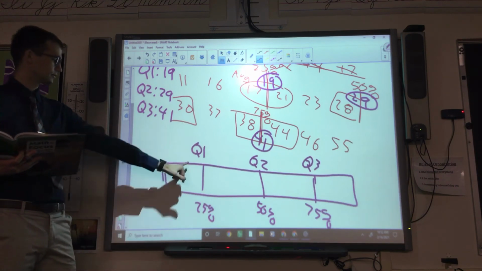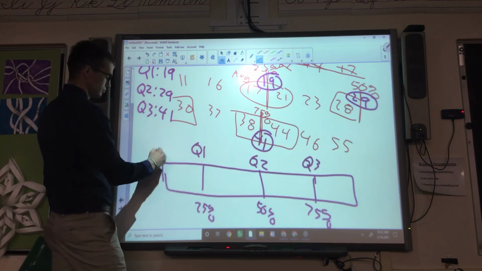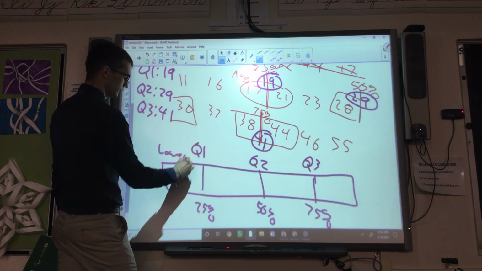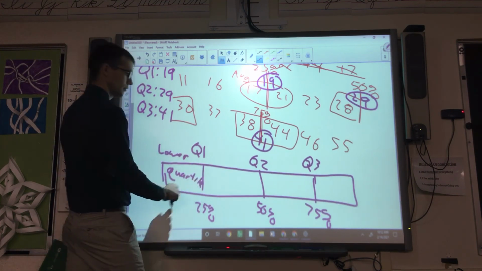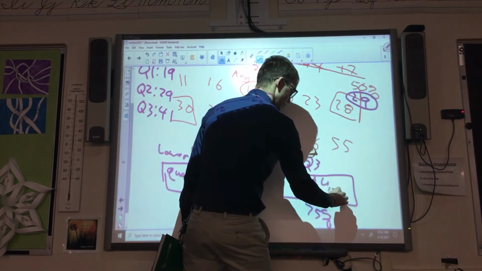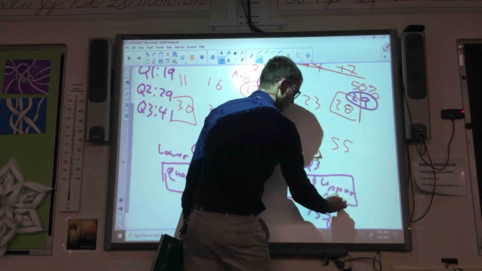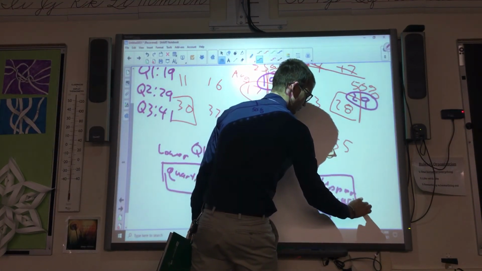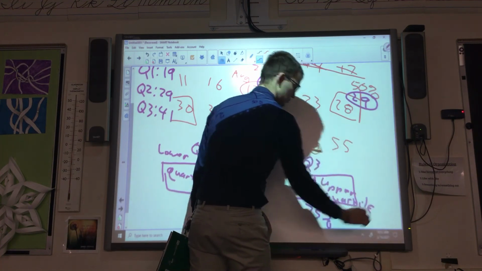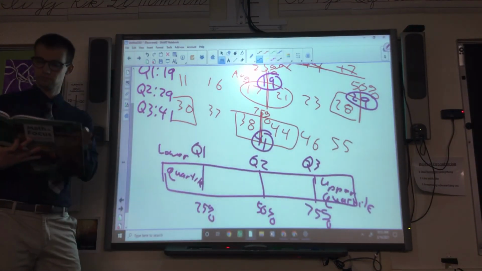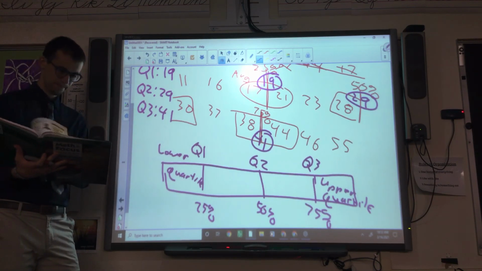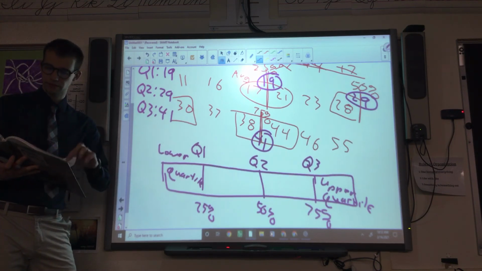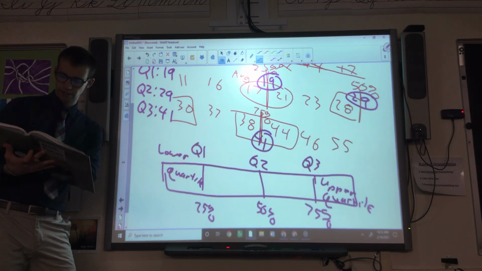This is also called the lower quartile. This is called the upper quartile. And that kind of gives you all the information you need on that.